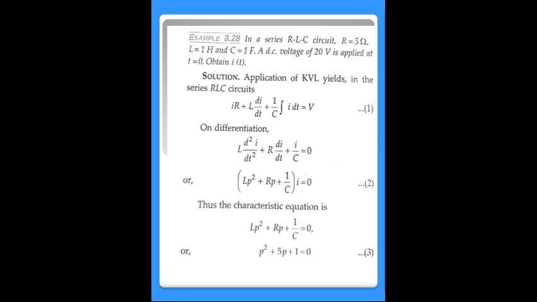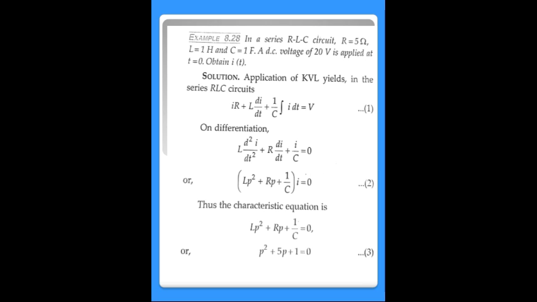First of all, in the given question, R, L, C are given, at t is equal to 0 plus, V is equal to 20 volt. So applying KVL in this series RLC circuit, iR plus L di/dt plus 1/C integration of i dt is equal to V. After differentiation, L d²i/dt² plus R di/dt plus i/C is equal to 0, or L p² plus R p plus 1/C is equal to 0.